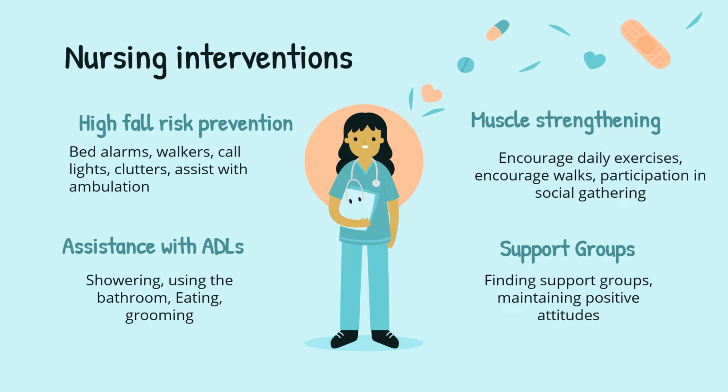They also need assistance with showering and ADLs like eating and grooming. Some patients in the early stages might not need help with eating, but they might need help with grooming and showering, using the bathroom, and most of the ADLs.